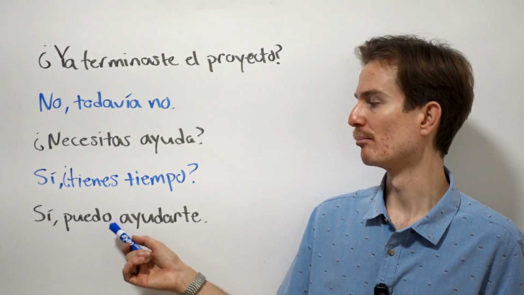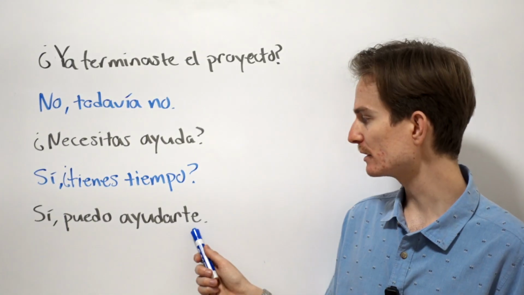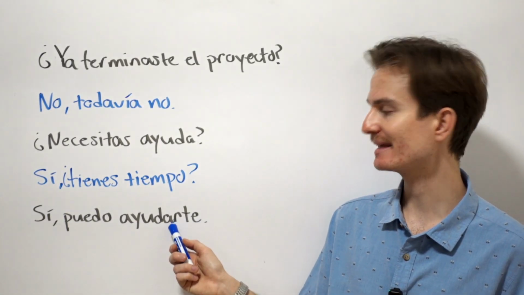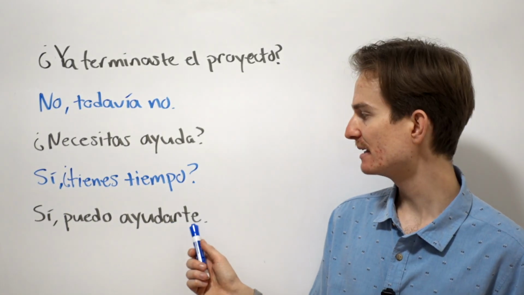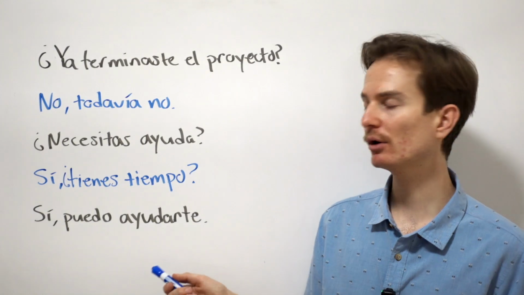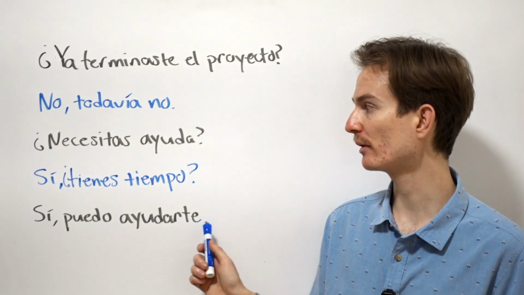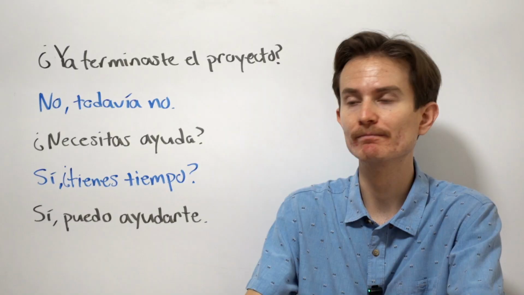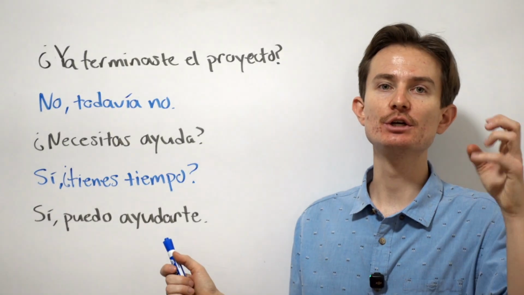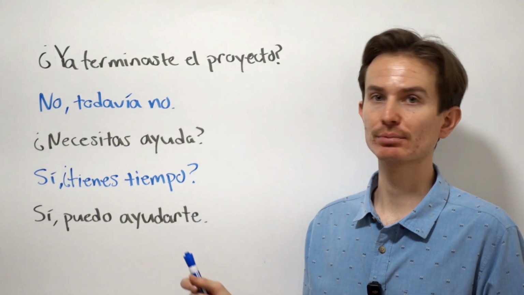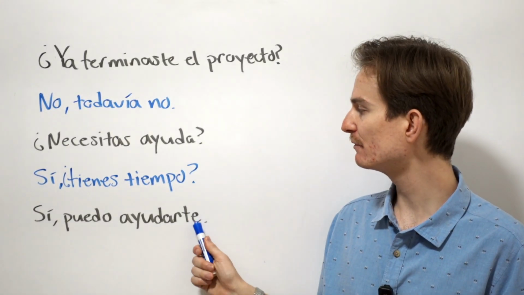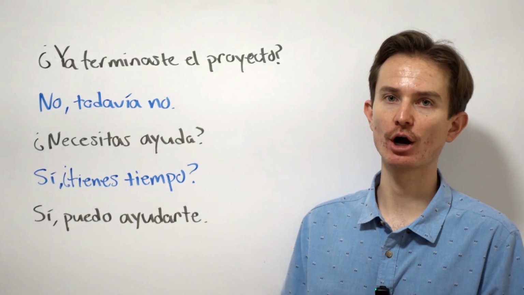Finally, sí, puedo ayudarte. Now notice, what the heck? There's a little "te" at the end of "ayudar." Okay, this is what we call a direct object pronoun because "ayudar" is directly affecting this object pronoun, which is "you." Okay, now the golden rule for using object pronouns in sentences is to put them before the first conjugated verb.